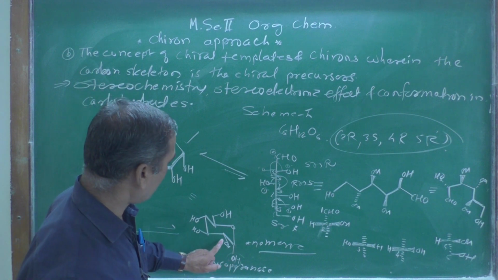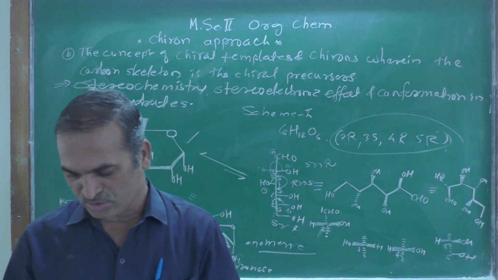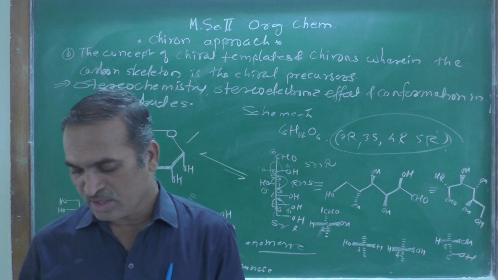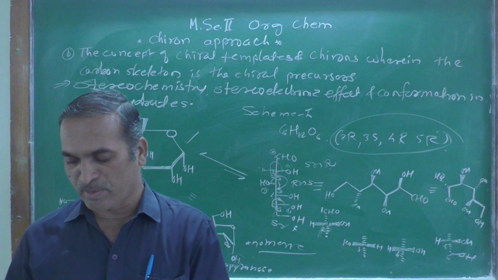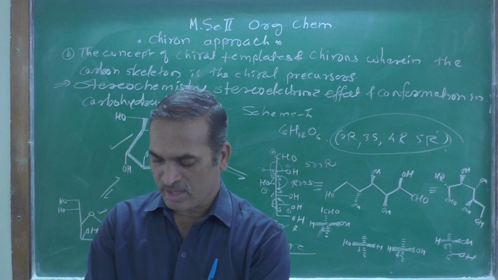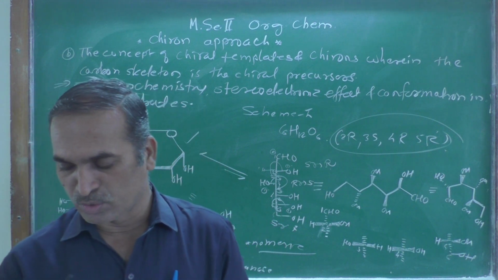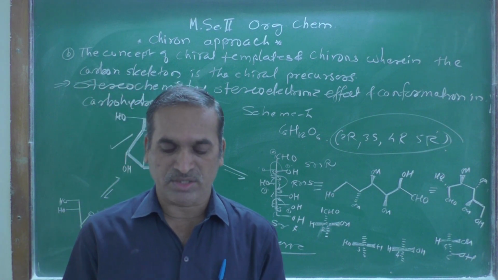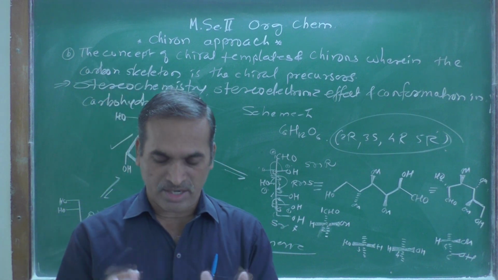All other hydroxy groups are at equatorial positions. So this form of D-glucose can be conveniently manipulated as a 6-membered cyclic derivative, much the same way as a cyclohexane derivative, with allowance made for the stereoelectronic consequences of replacing a ring carbon by an oxygen atom.